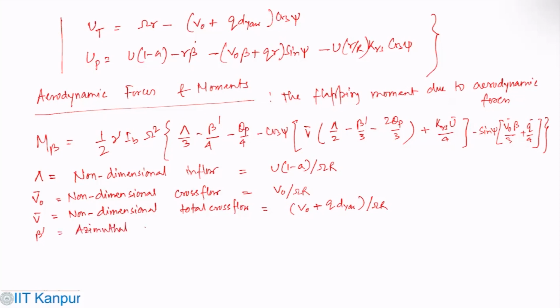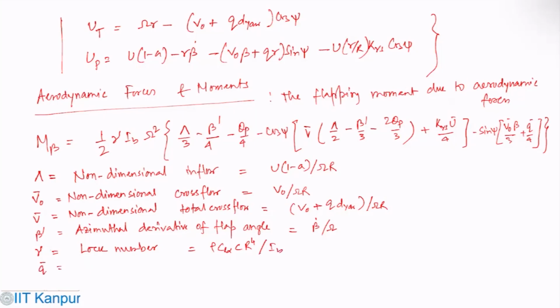Azimuthal derivative of flap angle, which is beta dot by omega. Gamma is the Lock number, which is rho Cl alpha c over I_b.